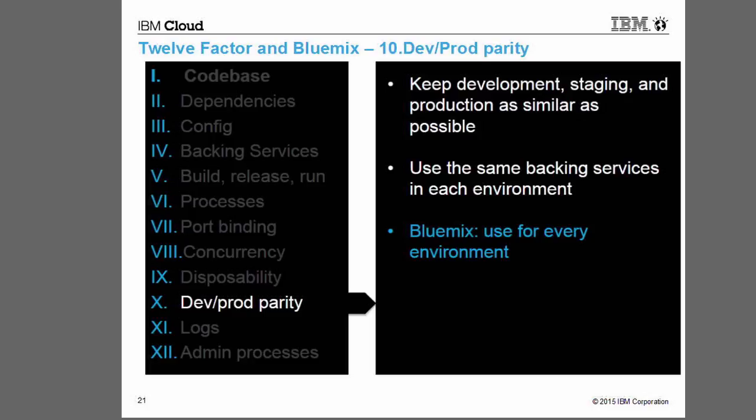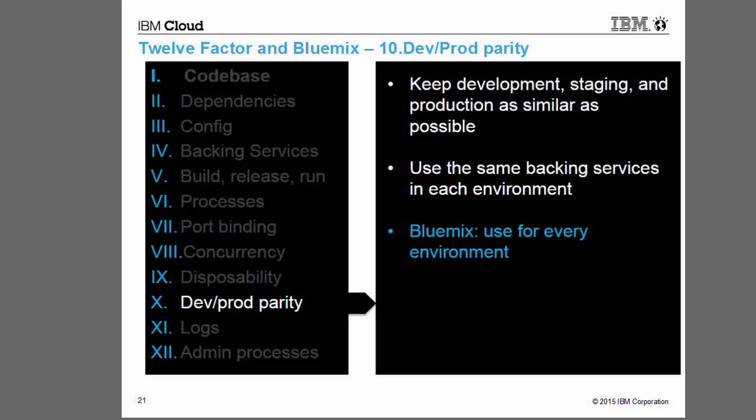This ties into agile software delivery, continuous integration, and continuous deployment. But really, it's about saying you don't want development or production to get skewed so that one doesn't reflect the other, which means you can't fix one another. You want them to be reasonably close.